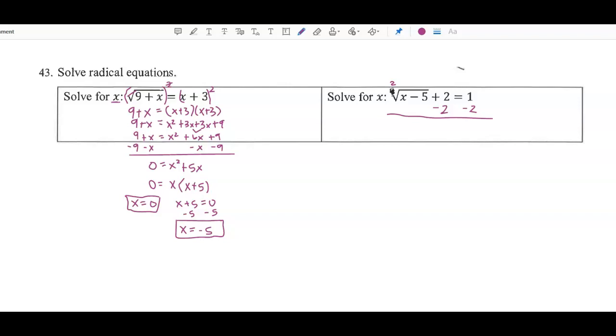It would only be something with the square root. So then we'd have the square root of x minus 5 equals negative 1, and then we would square both sides. So that would leave us with x minus 5 equals 1, and add our 5 over. So x equals 6 would be our answer on that.